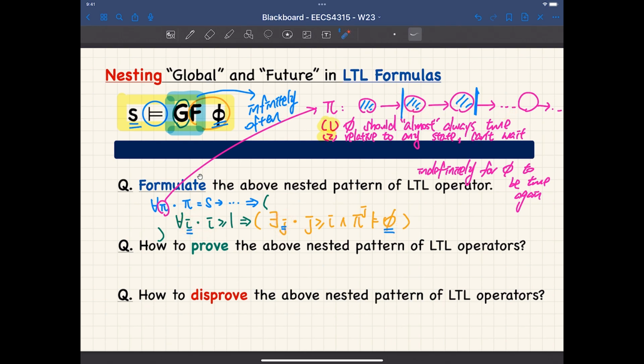You cannot wait indefinitely until forever before phi becomes true again. It's got to be within some certain limits. It's not exactly formal, I agree, but I'm just trying to help you a bit. To say, given a particular state i, there's got to be some future state at some point. Eventually, yes, exactly.